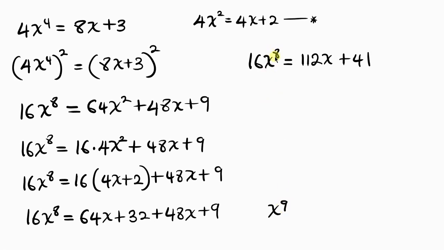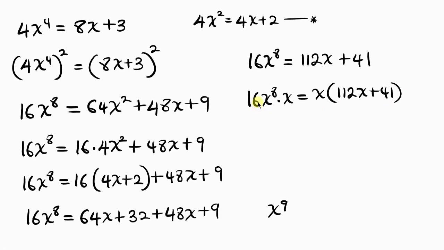We can actually make this 9 by multiplying both sides by x. So this becomes 16x to the 8th times x equal to, I'll also multiply the right hand side by x. So x times 112x plus 41.